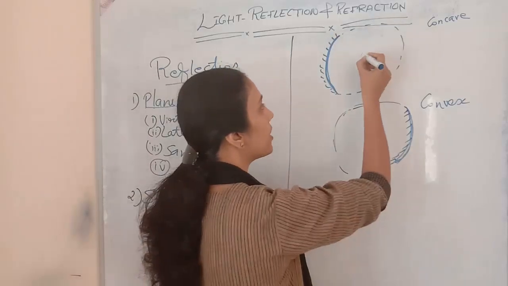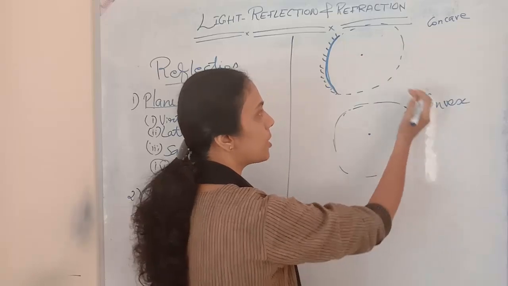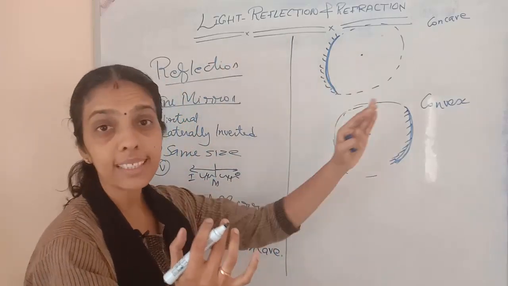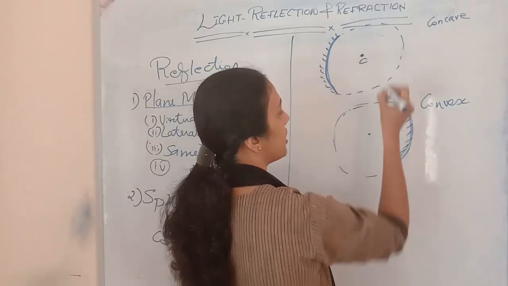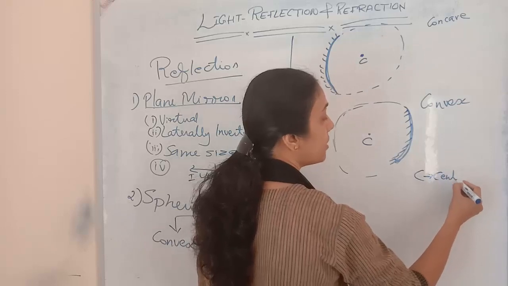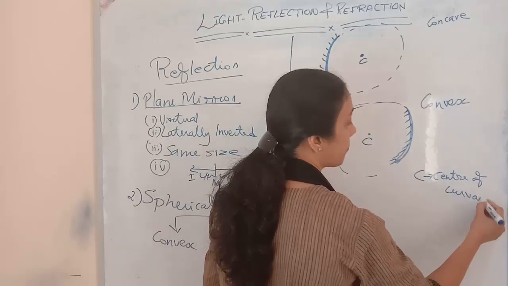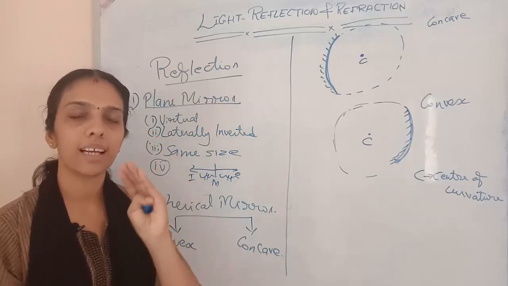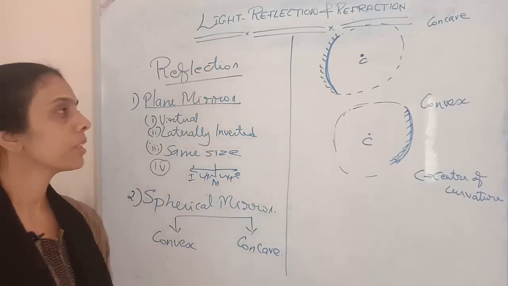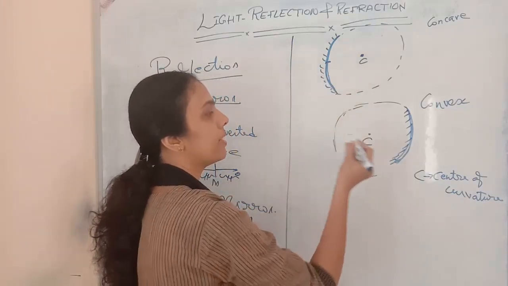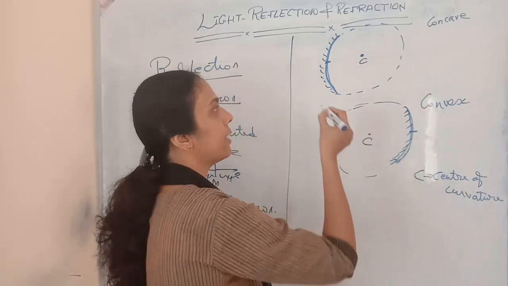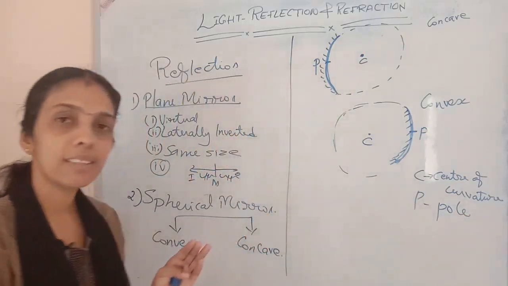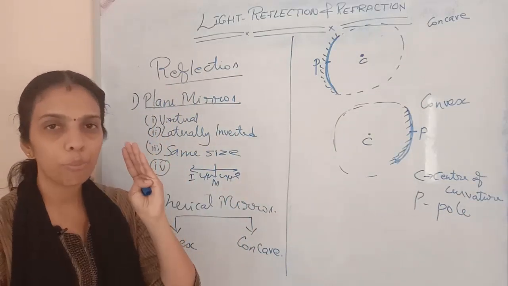The center of the sphere from which we had taken out the mirror is called the center of curvature, C. The center of the spherical mirror is called the pole. It is represented by P.